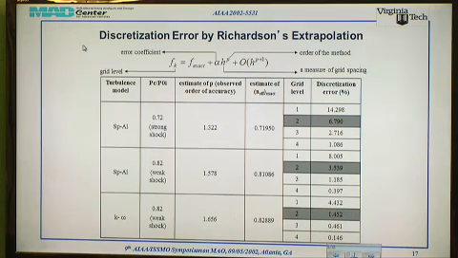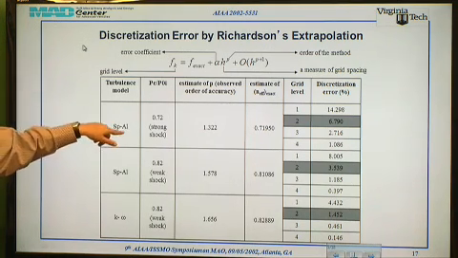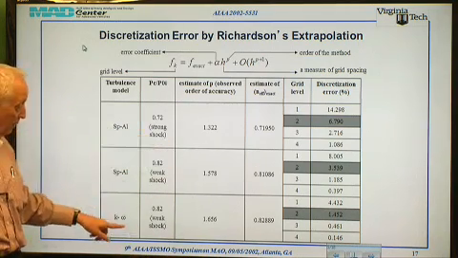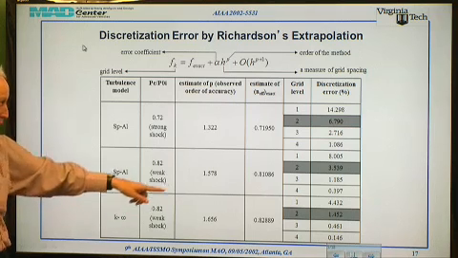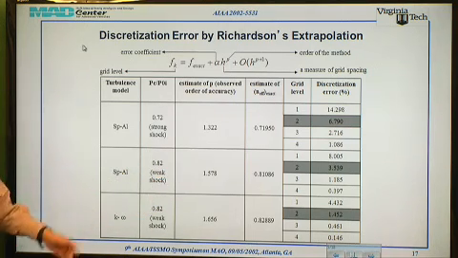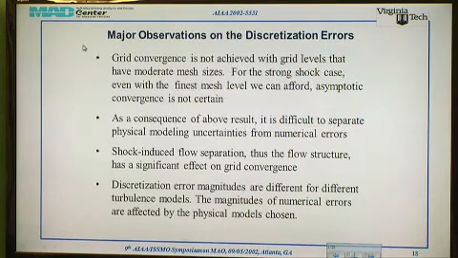We would range from 14% to 1% for the Spalart-Allmaras turbulence model, while for the strong shock and for the weak shock, we could go from 4 to 0.146%. So the message is that normally it's very expensive to do that, and these are the observations.